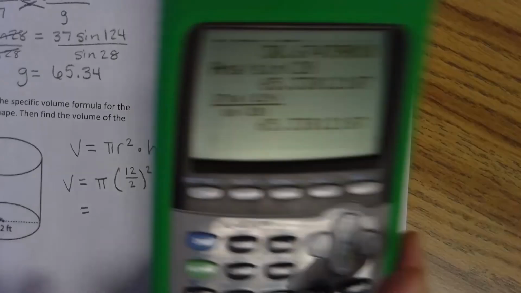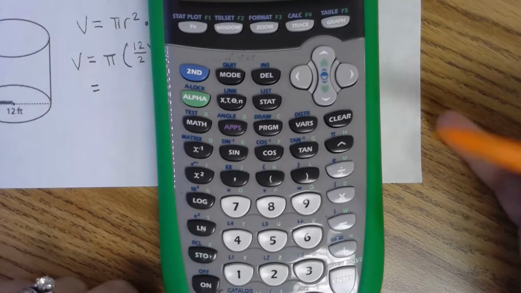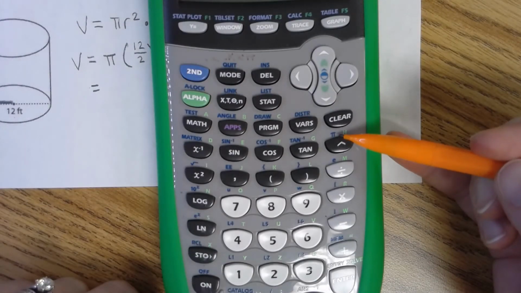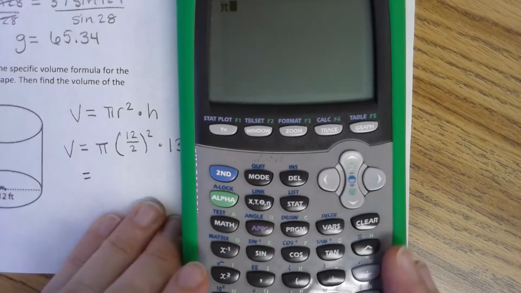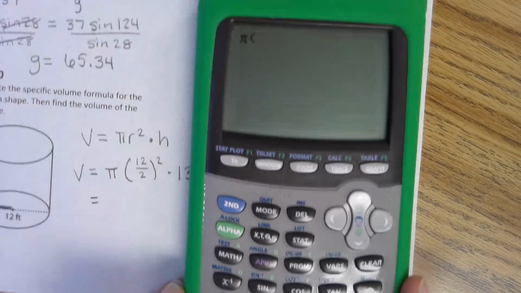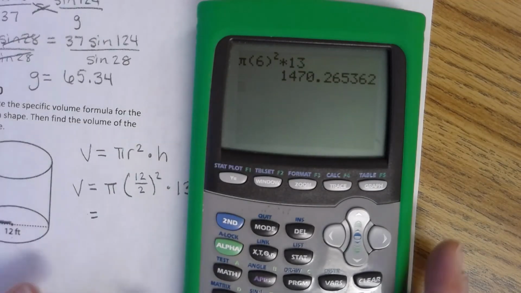So let's calculate that volume. The pi button, you'll hit second, and then it's right above this caret key below your clear button. So second pi. Then we want to take 12 divided by 2, or just type in 6 squared times 13. 1,470.